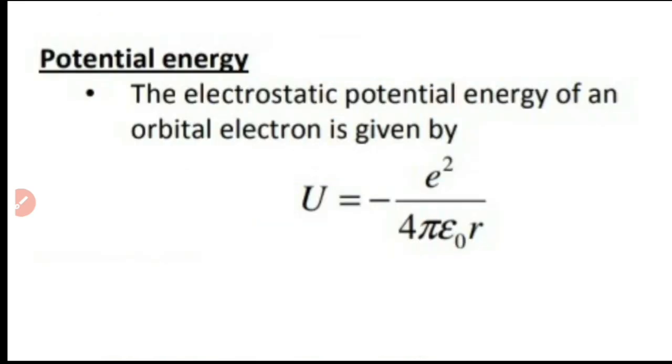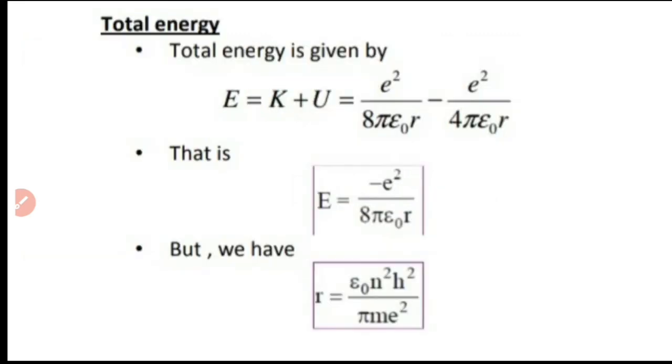And from electrostatics, we can write the expression for potential energy, that is minus e square by 4 pi epsilon 0 r. So I repeat, we are discussing everything in the case of hydrogen atom, the simple atom. Therefore, the total energy is given by K plus U, that is e square by 8 pi epsilon 0 r minus e square by 4 pi epsilon 0 r, which gives the total energy as minus e square by 8 pi epsilon 0 r.